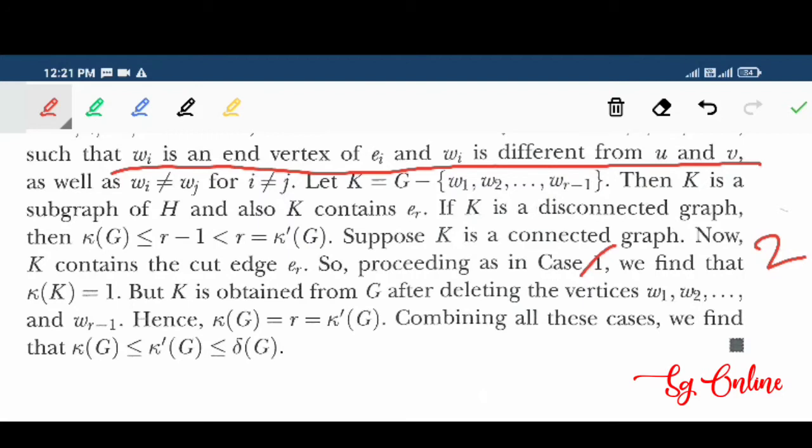So if K is connected, and it has ER as the cartridge, it must have a cut vertex that is one of the endpoints of this ER, and then kappa of K must be equal to 1. So kappa dash of K is also here equal to 1.